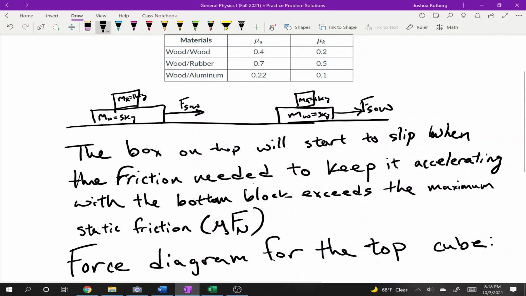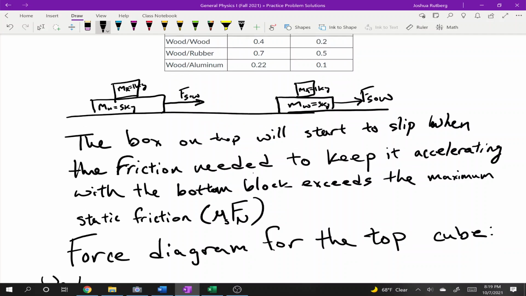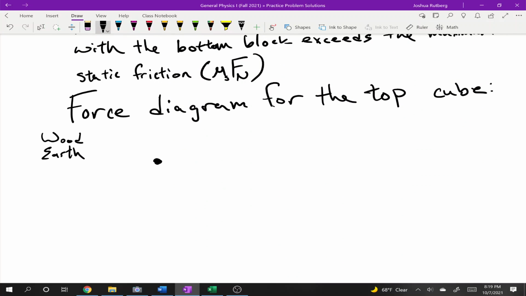Notice that the force that the string exerts is on the wood, not on our cube. So this is going to be the force the earth exerts on the rubber cube. And I can draw another one over here. This will be the force the earth exerts on the aluminum cube.